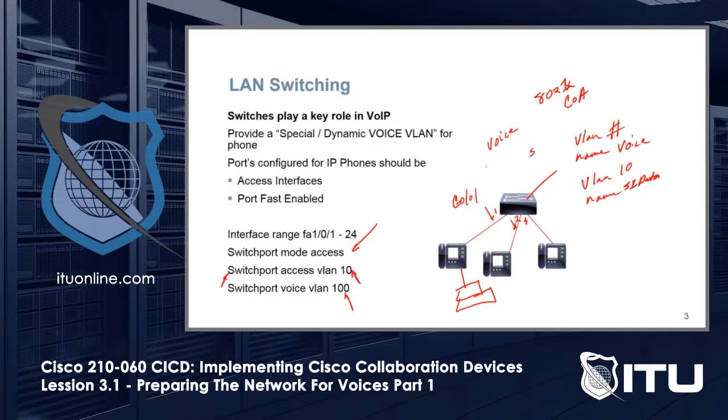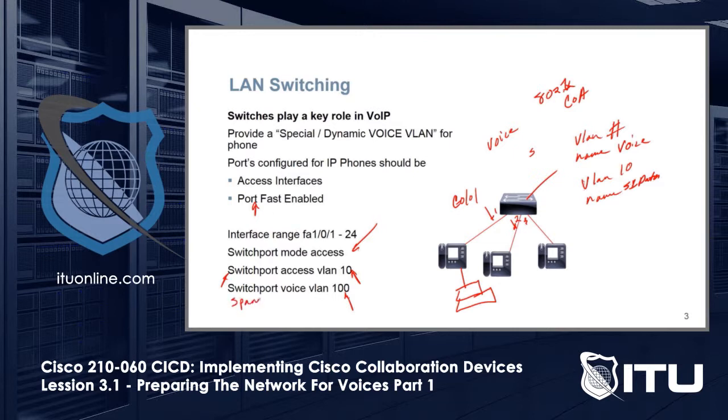Another thing we want to make sure of whenever we do our voice VLANs and we configure interfaces for voice is we enable PortFast, because we don't want spanning tree making us wait for that interface to come up. This is an access mode interface. We should not be creating loops. So we want to go ahead and use the spanning-tree portfast command.